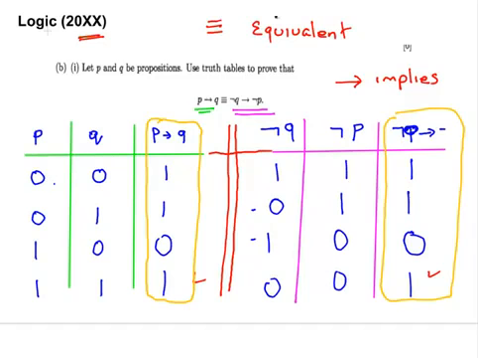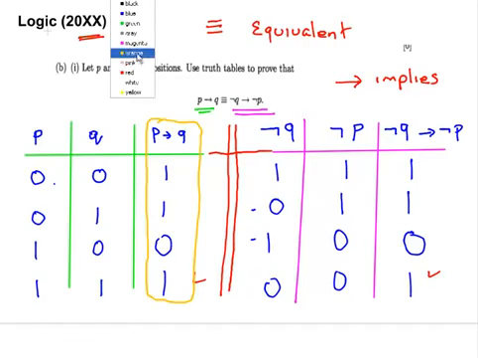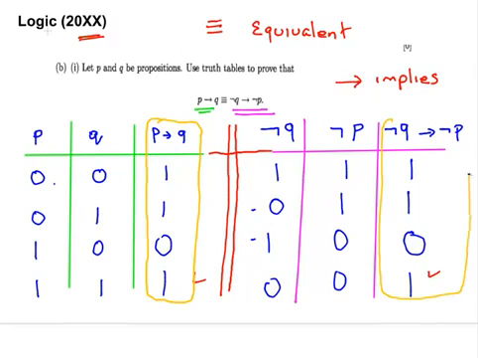So that's not Q implies not P. Okay. And again, that was similar. So these two are the exact same. So just make a little statement about that in your question. Alright, that's a proof by truth table.